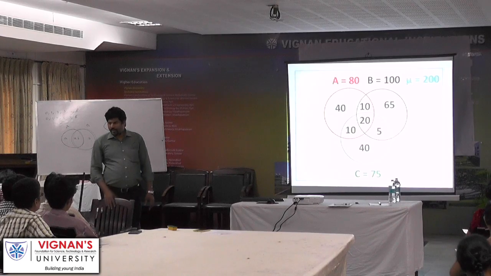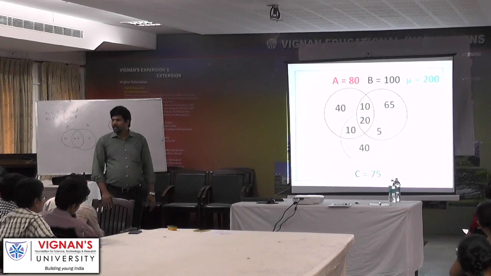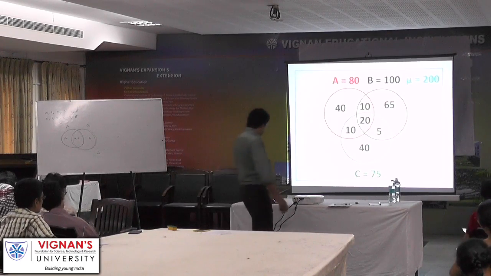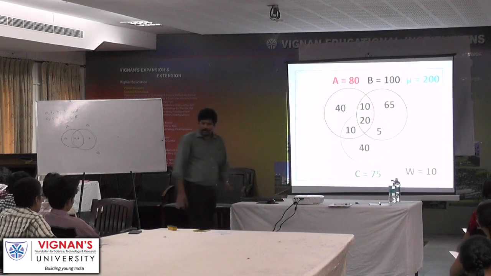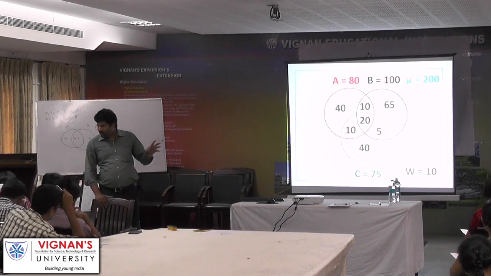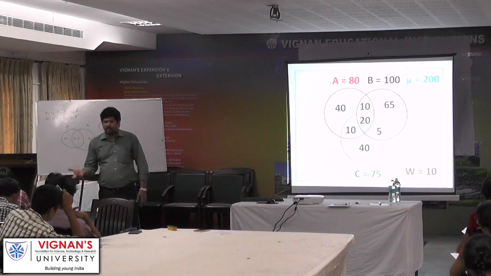So how many are outside? What does it mean? Those 10 are not reading any of the newspapers. That is outside. Could you understand? Total 200, but inside these 3 circles there are only 190. It means the other 10 are not reading these 3 papers. As simple as that.